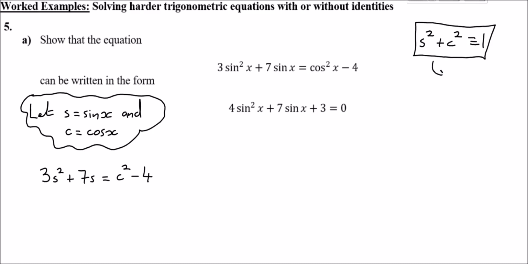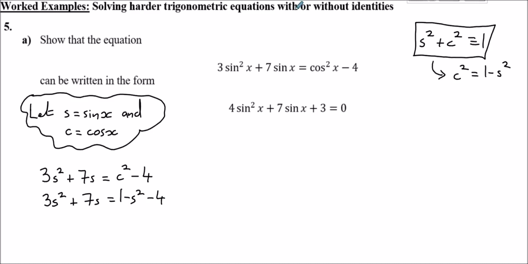So in other words, from that, cos squared is always going to be 1 minus sine squared. So 3 sine squared plus 7 lots of sine, that's going to be the same as 1 minus sine squared minus 4.